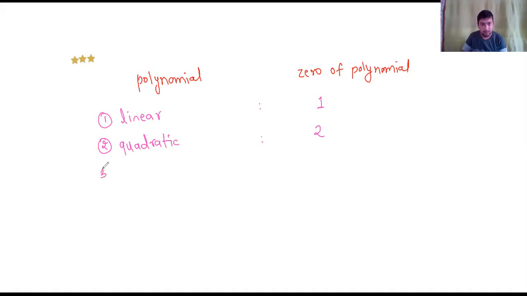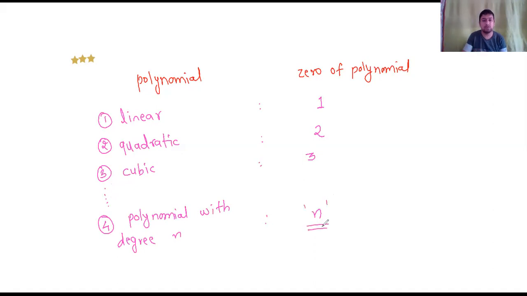Similarly, if we take a cubic polynomial, you will get 3 zeros of polynomial. So likewise, for a polynomial with degree n, such a polynomial will have n zeros of polynomial.